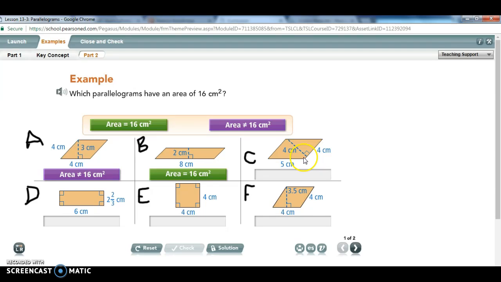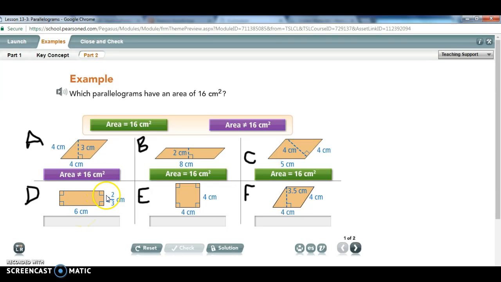So this is a parallelogram that's tilted on the side. I know that because of this little square that they put in to show where the right angle was. So I have to take the line that is on and the dotted line as my two numbers to multiply. 4 times 4 is 16, so the area is 16 centimeters squared.